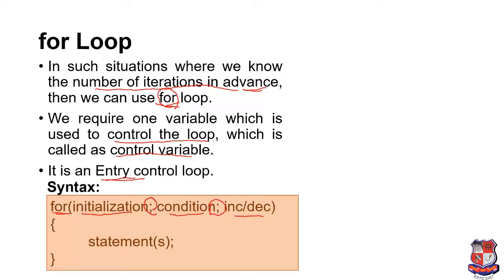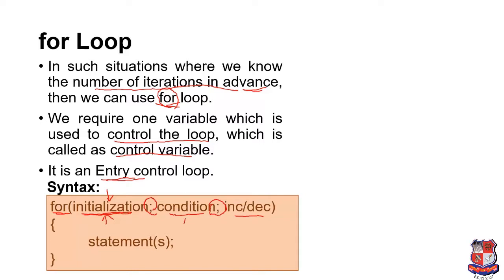Now we'll see what initialization is. Where the loop starts and where it ends is decided by these two things, initialization and condition. Where the loop starts, what the initial value of the control variable will be, is decided by this initialization.